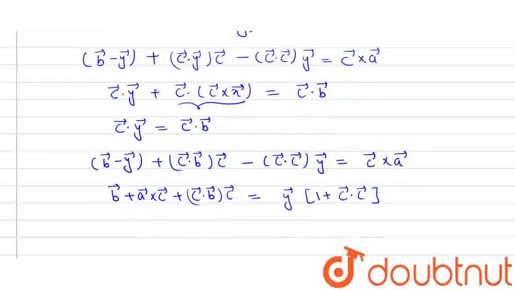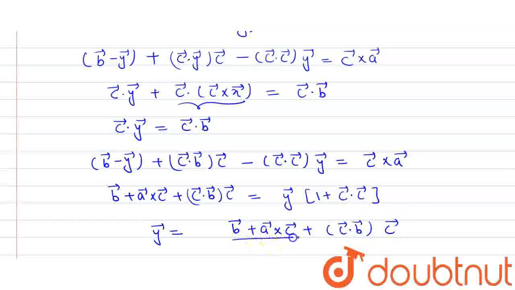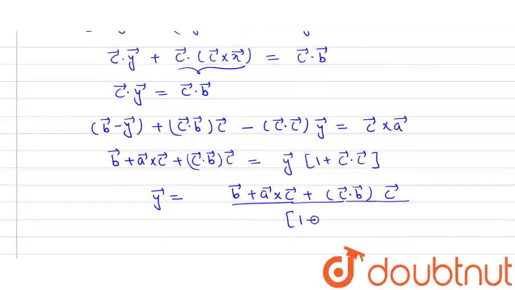I have just rearranged the terms. So from here we can find the value of y vector, which is equal to b vector plus a vector cross c vector plus c vector dot b vector multiplied by c vector, divided by 1 plus c vector dot c vector. So this is the value of y vector.